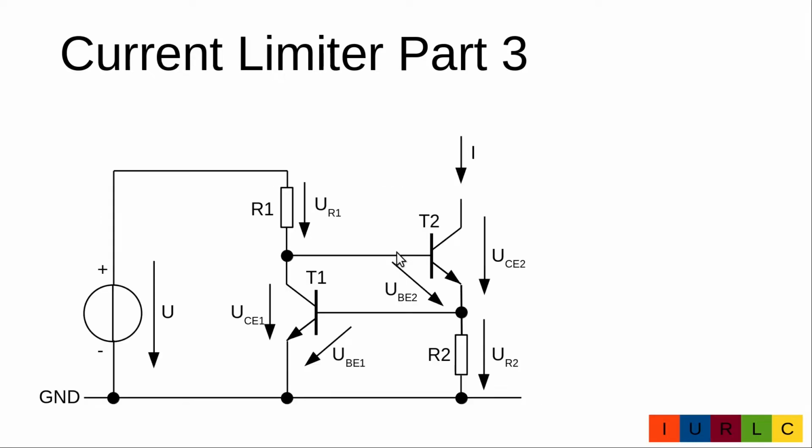In part 2 we have seen that with a stable base voltage and a temperature caused variation of the base emitter voltage, the voltage on the current sense resistor is also varying, and this causes a varying current I_E.